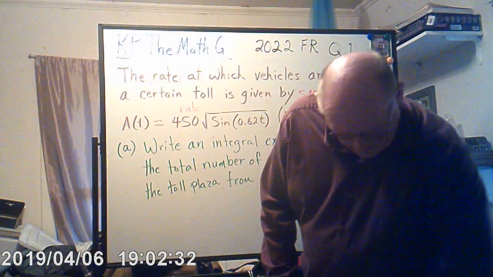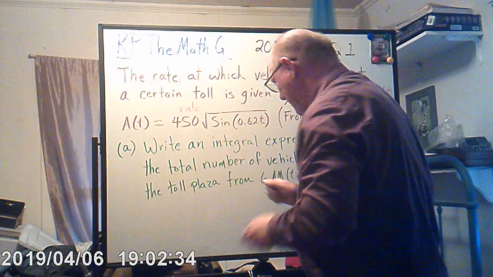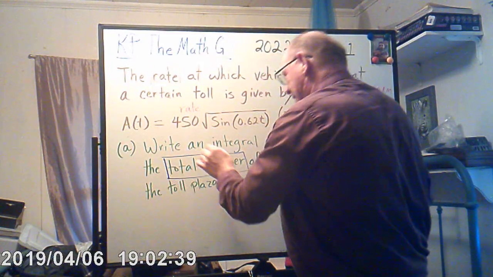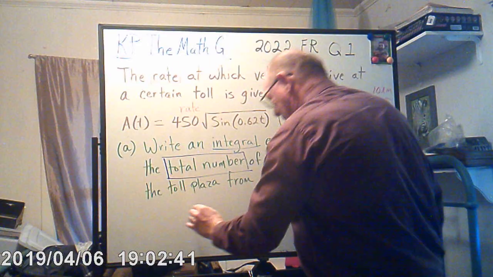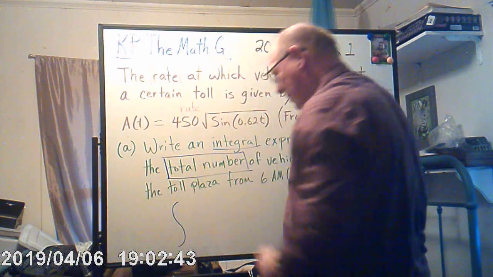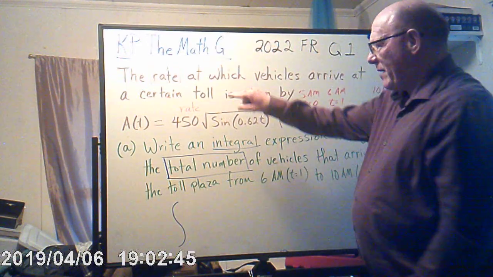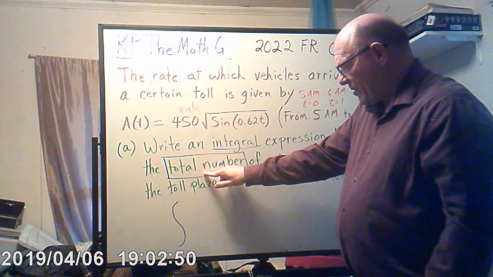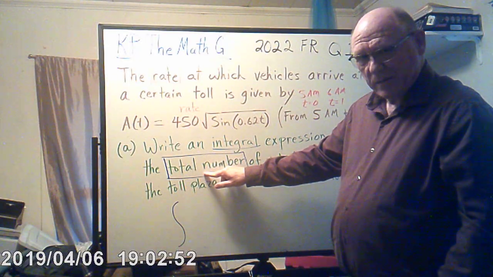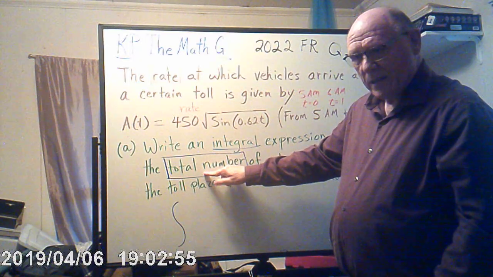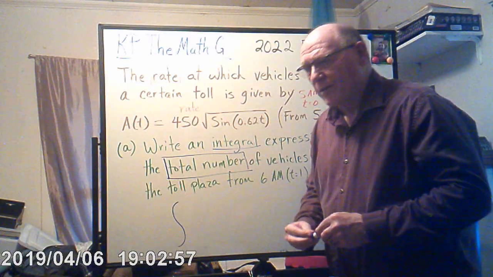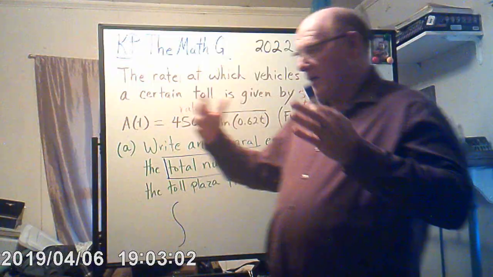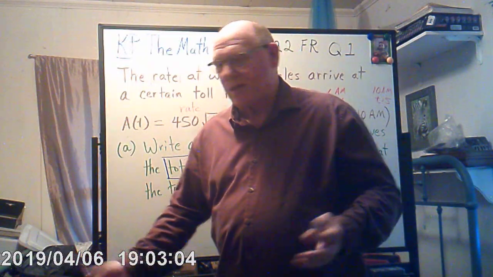It already says an integral expression, so we're going to do a total number. Anytime you integrate a rate, you're going to get the total of anything: total number of miles, total number of cars, total number of gallons, whatever it is.